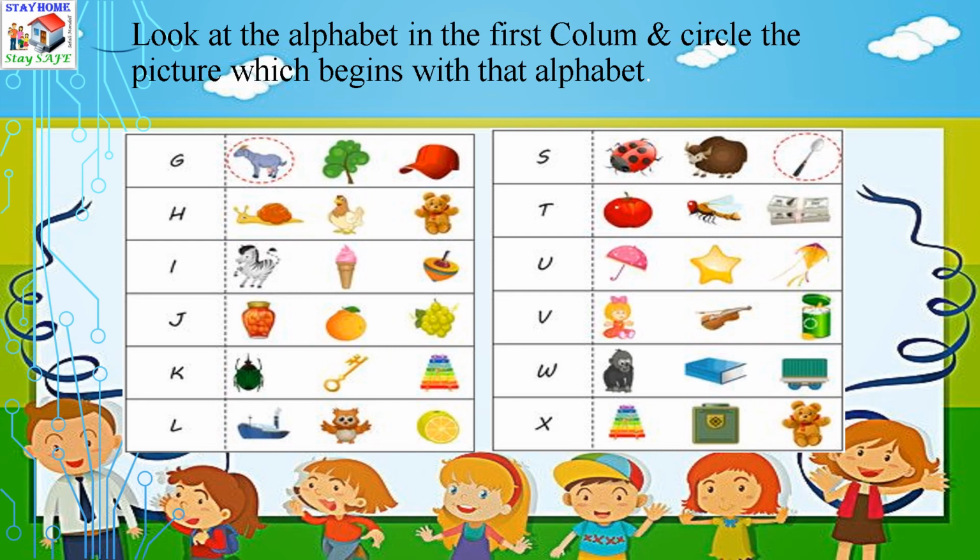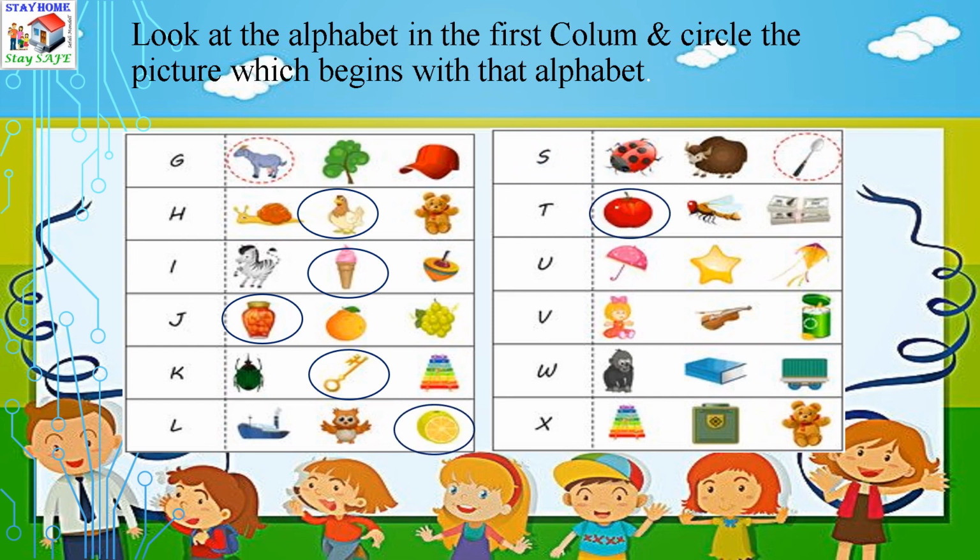Now H is for hen. I is for ice cream. J is for jam. K is for key. L is for lemon.